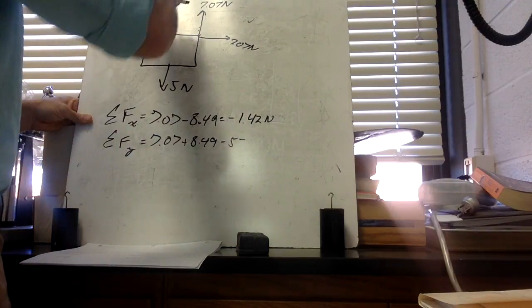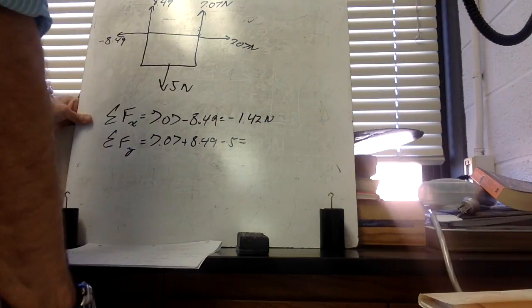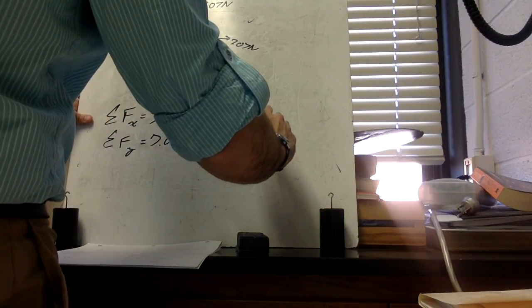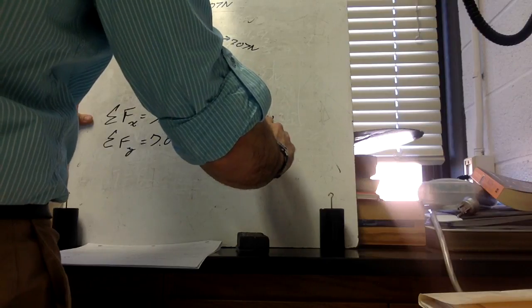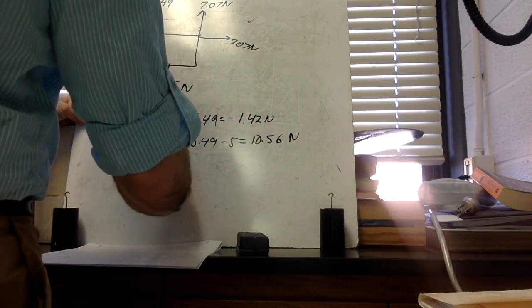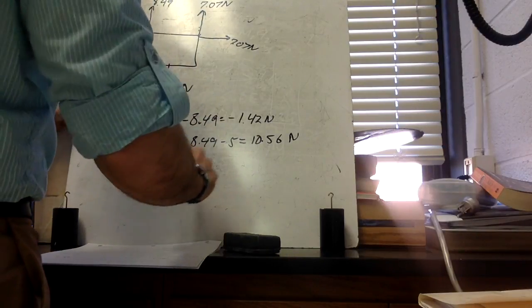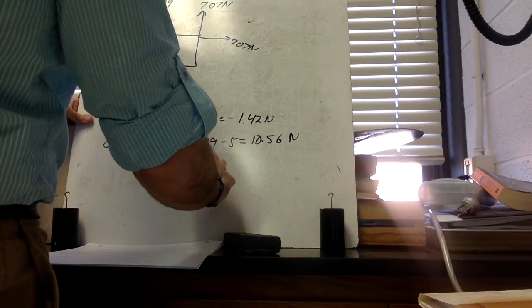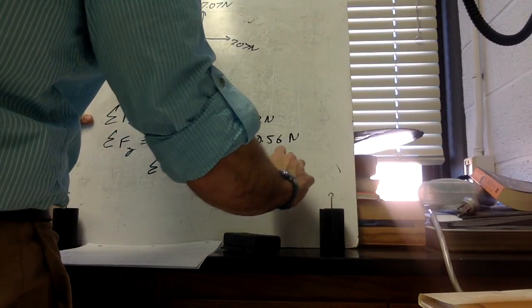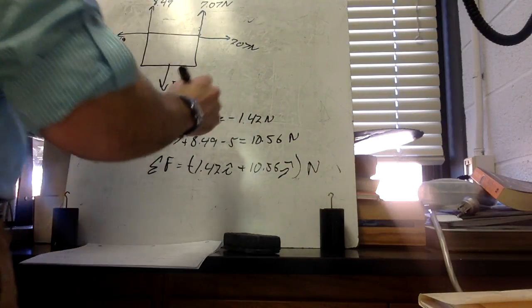Here, 2 up, 1 down, and so that gives me 10.56 newtons. Then we can say that F net, I can write sigma F, is negative 1.42 i plus 10.56 j newtons. And that's part A.